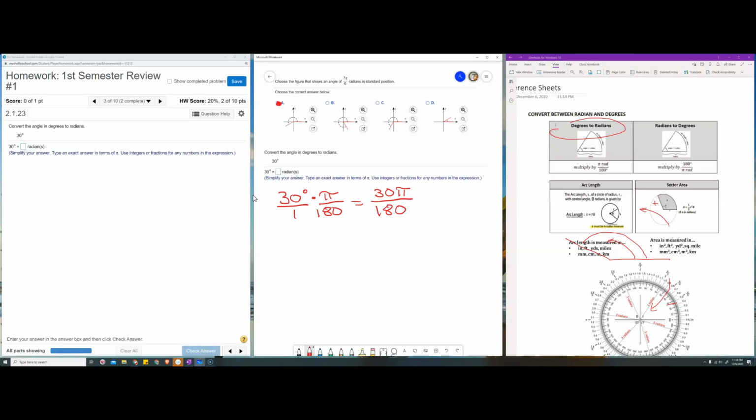And then I'm going to reduce to lowest terms. So that gives me 3 pi over 18. And then if I reduce that one more time, I get pi over 6.